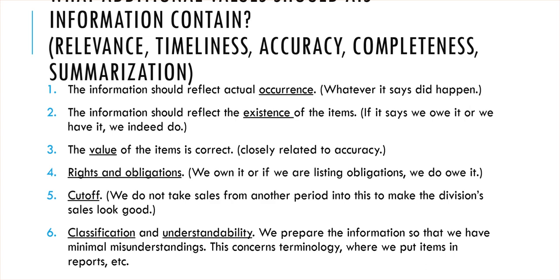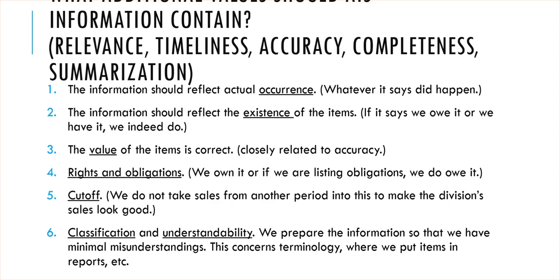And the value of the items is closely related also to accuracy. If we're looking at it from the perspective of the company, we're talking about the value of their inventory. When you are an outsider and you're looking at value, maybe you're looking at price. Rights and obligations have to do with the perspective of the company.